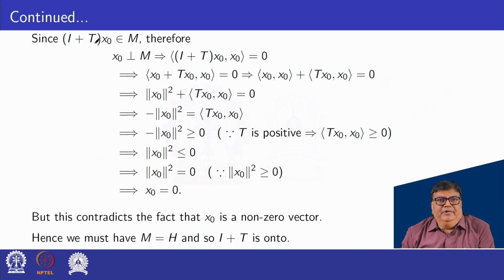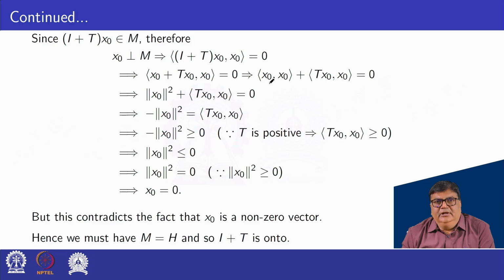Since (I plus T)x0 belongs to M, and x0 is perpendicular to M, the meaning of this is the inner product of (I plus T)x0 and x0 is equal to 0. So this can be written as inner product of x0 plus Tx0 and x0 equal to 0.